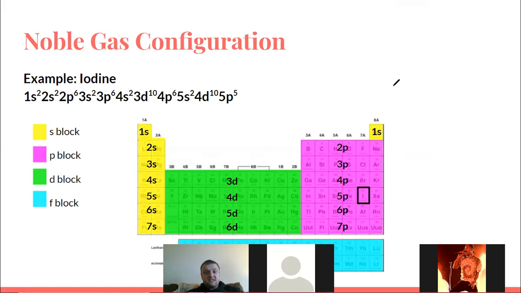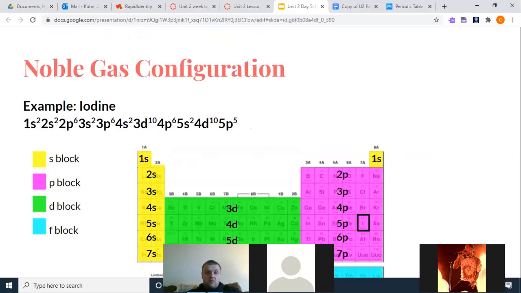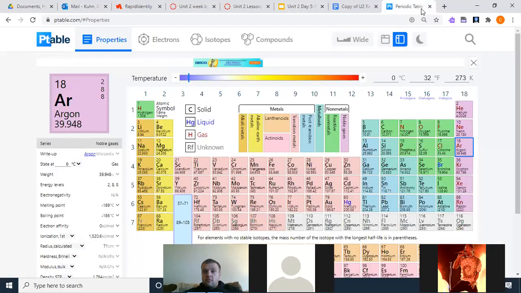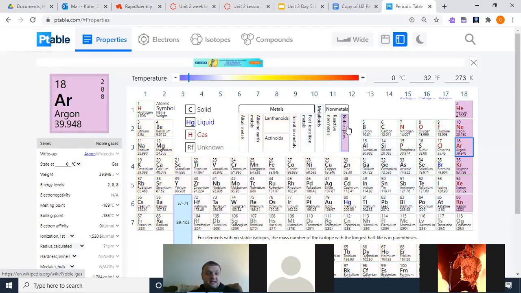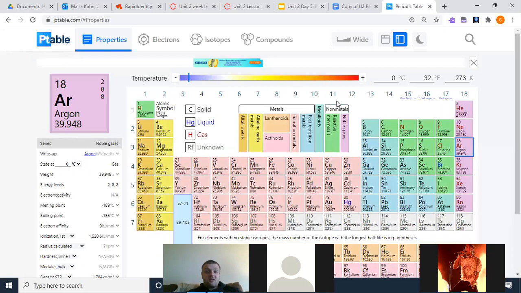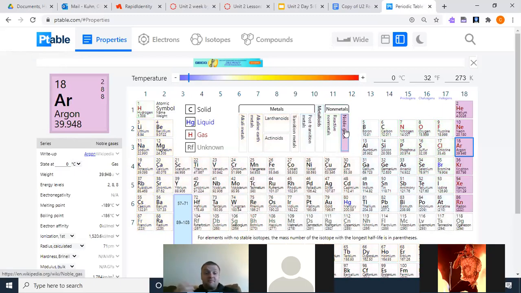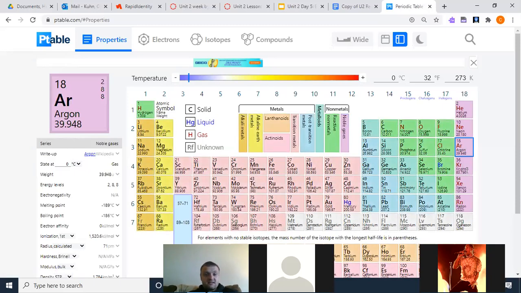When you look at this, you can pick a noble gas. The reason we pick noble gases is we talked about the fact that they do not trade electrons. They don't gain or lose any electrons.